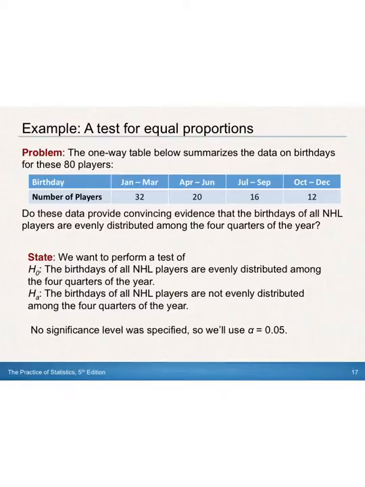Our assumption is that the birthdays are evenly distributed. That's our null hypothesis, that of the 80, there should be 20 in each of the breakdowns. And the alternative hypothesis is that they're not evenly distributed. Now, what the researcher thinks is happening is that the people born earlier in the year have a better chance. And so we're going to see if that distribution plays out.